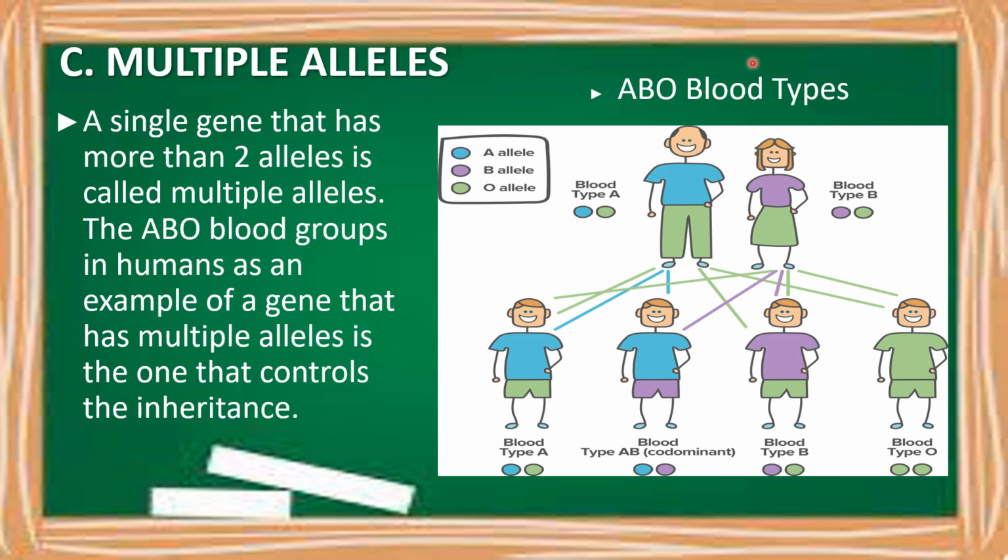There are 3 alleles. Blood type, ang iyahang papa is blood type A, ang iyahang mama kay blood type B. So ang ilang offspring na blood type A, ang napoy blood type AB.